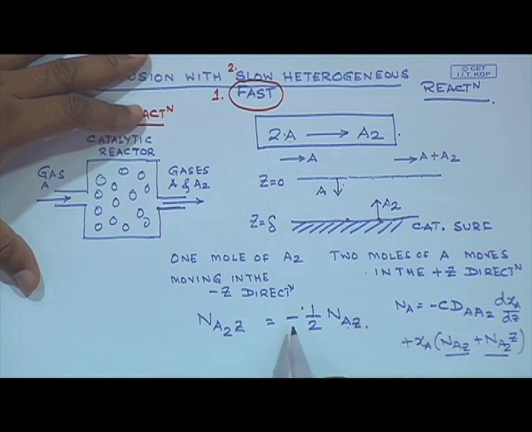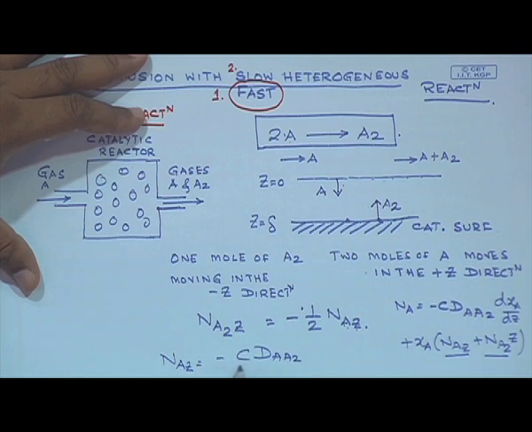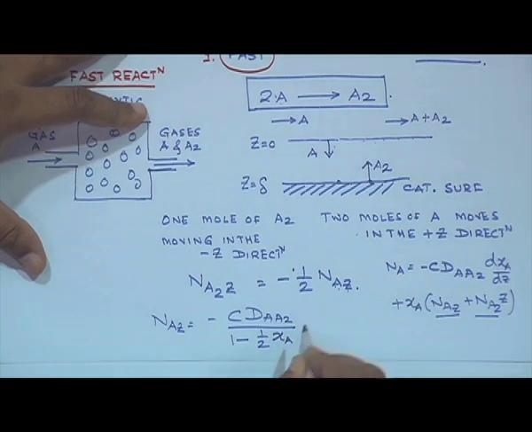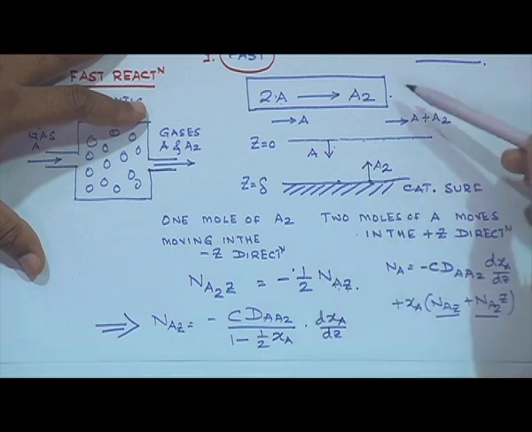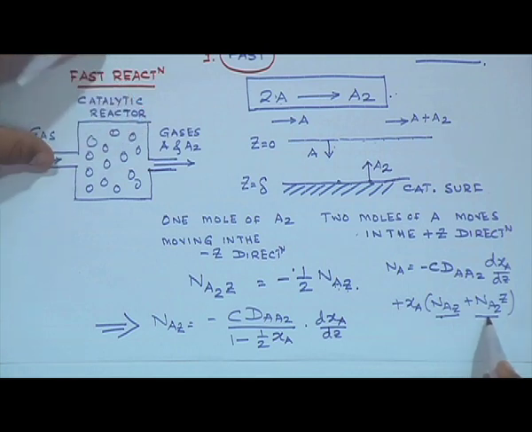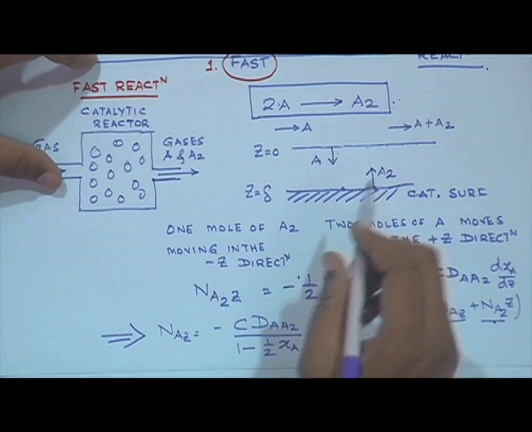So, substituting the expression of N_A2,z into this, what we get is N_A,z equals minus C D_AA2 by (1 minus half of X_A) multiplied by dX_A/dz. So, this is now the correct form of the flux of A in the Z direction, and the stoichiometry of the reaction gives me the relation between N_A and N_A2. So, this is my flux relation.